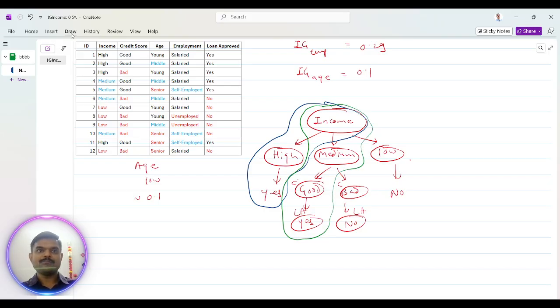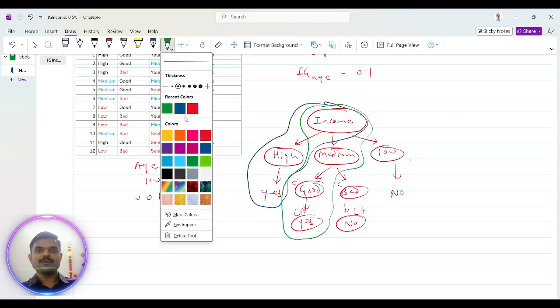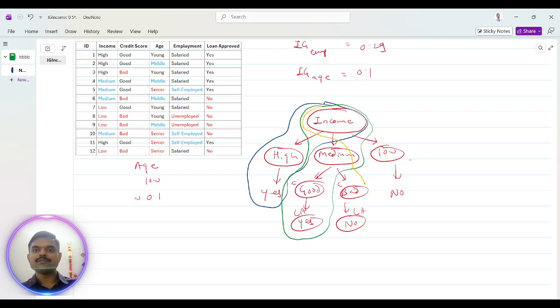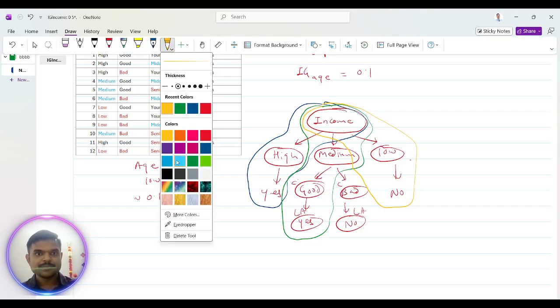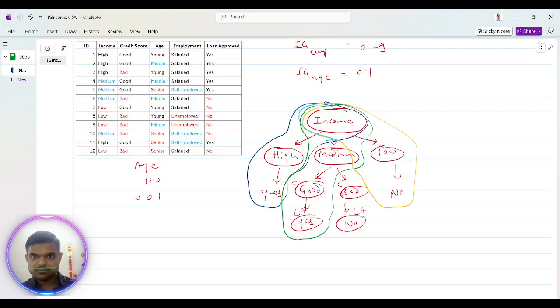And now we have, yes, this is our third decision tree. This is our fourth decision tree actually. So these are the decision trees.